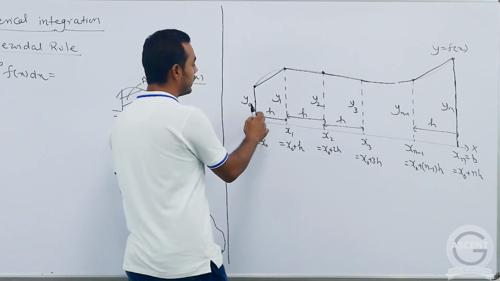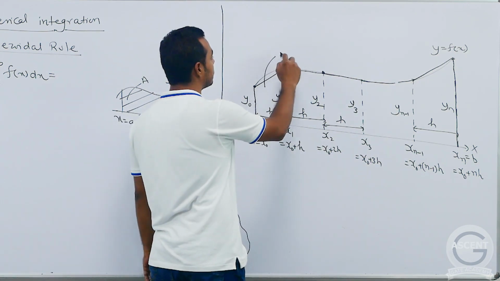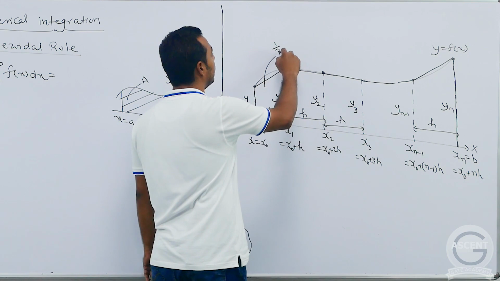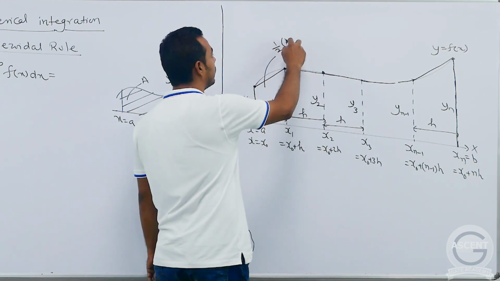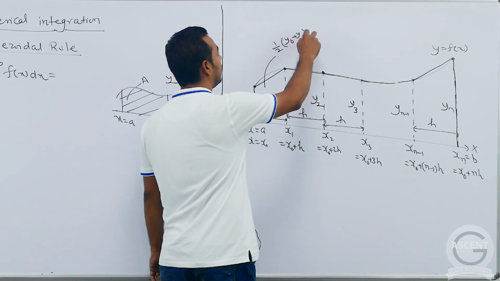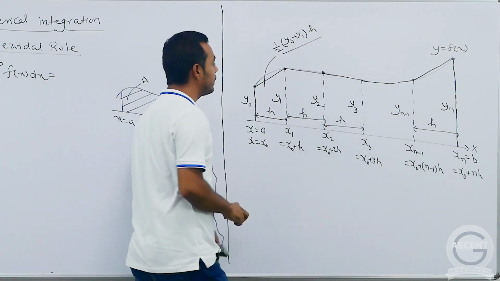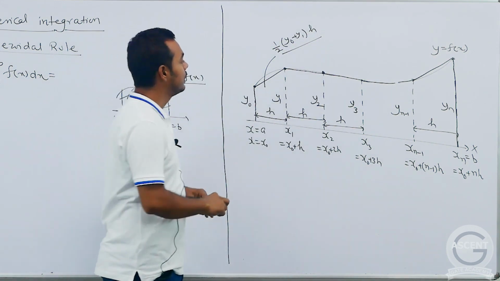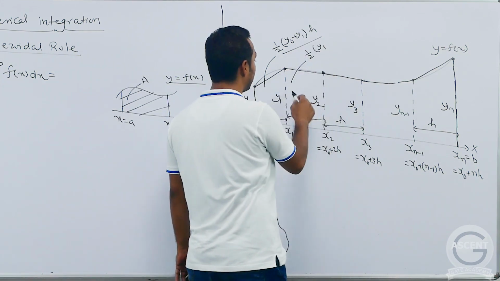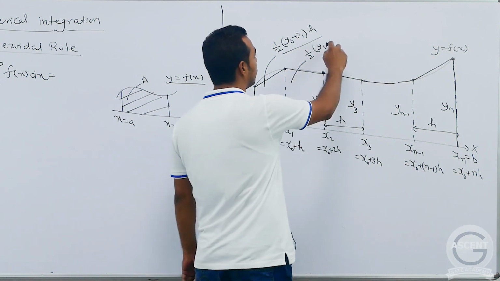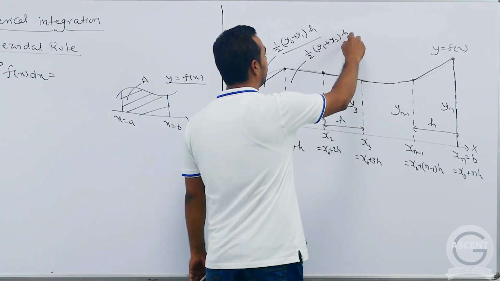Now as you can see, this will become a trapezium. The area of this first trapezium will be half the sum of the lengths of the parallel sides. One side is y naught, another is y1. So half of y naught plus y1 into h will be the area of this first trapezium. Similarly, the area of this second trapezium will be half of y1 plus y2 into h.